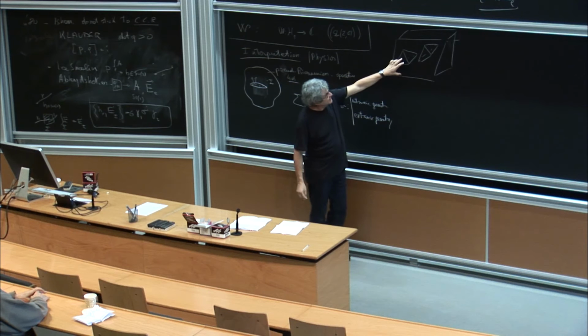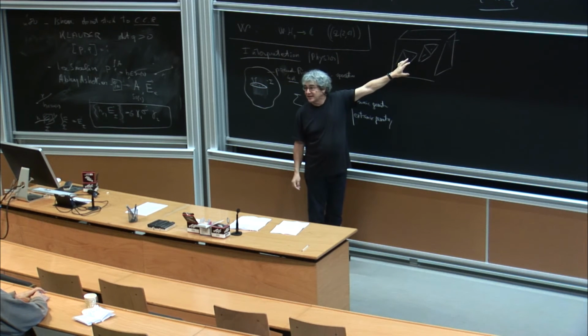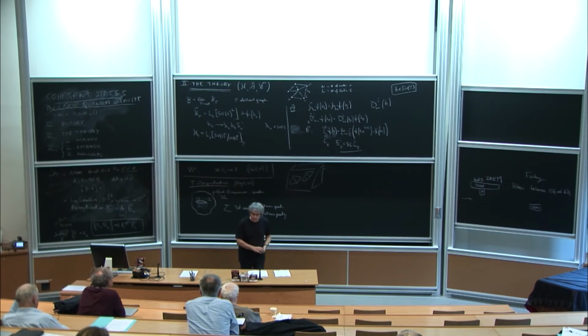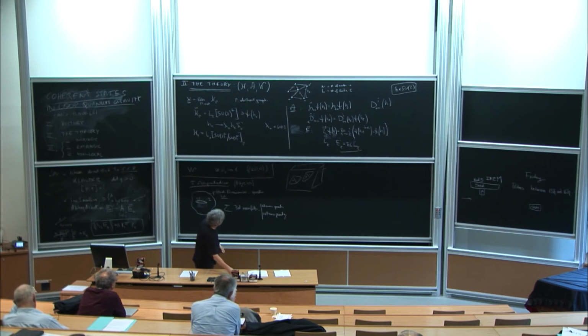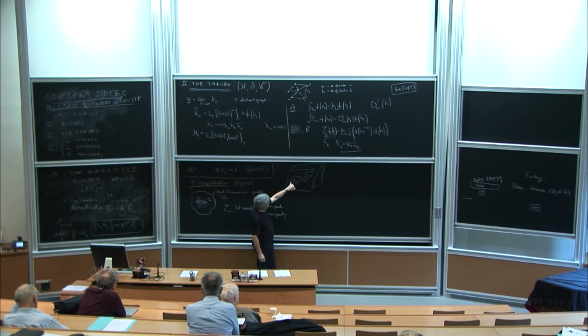If you have a triangulated sigma, you immediately have a graph. How? Well, you just put a node inside each tetrahedron, and you have a link connecting any two tetrahedra which are next to each other, separated by a surface.